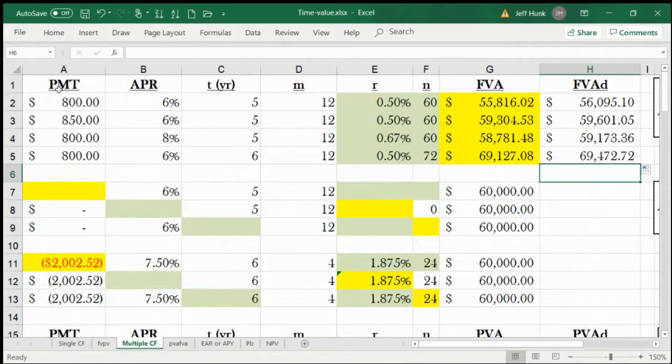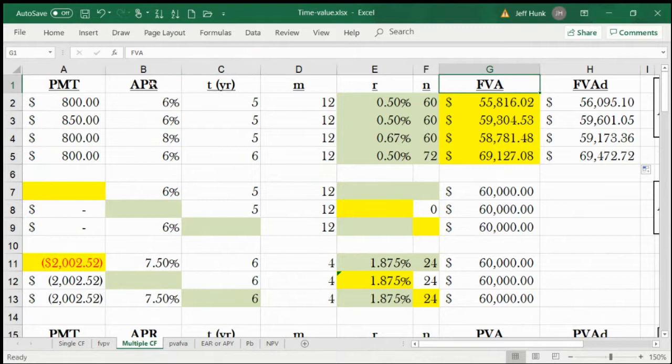We have 4 variables here: payment, APR, T, and FVA.